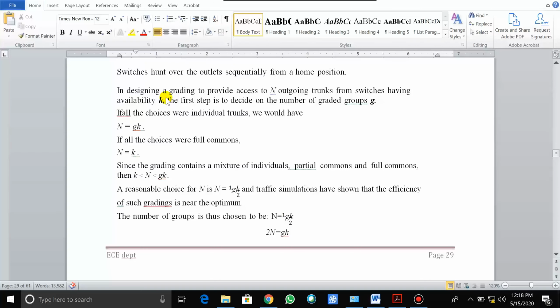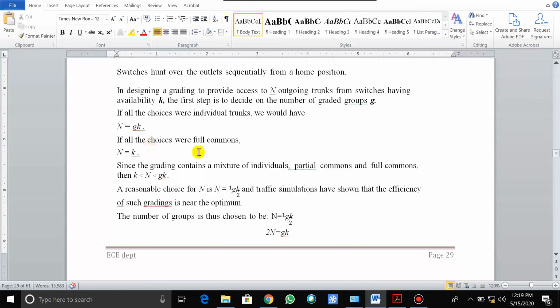In order to design the grading to provide access for N outgoing trunks from the switch with availability K, the first step is to decide the number of grading groups, G. If all the choices were individual trunks, we have N equal to G into K, where N is the outgoing trunks, G is the grading groups, and K is the availability.